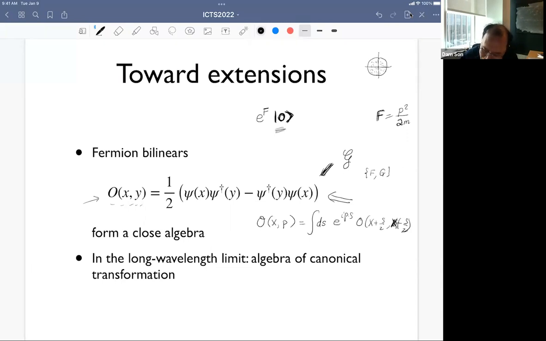So if we take e to the alpha F, where F is equal to that, we get just a phase, which is e to the sum over p square over 2m inside this Fermi surface, times the same state. So we need some F that is different from p square over 2m. It needs to have x dependence to give us something different from the state we start with.